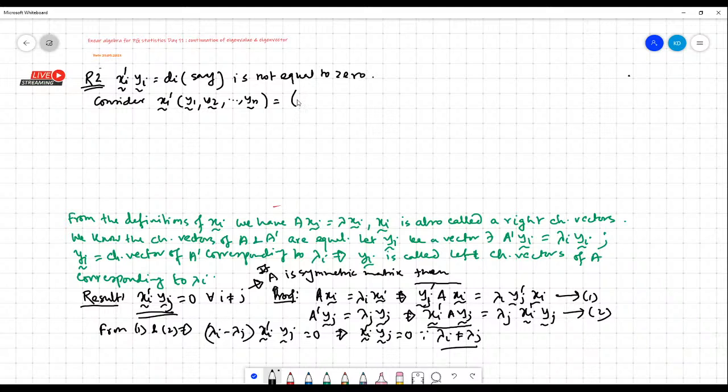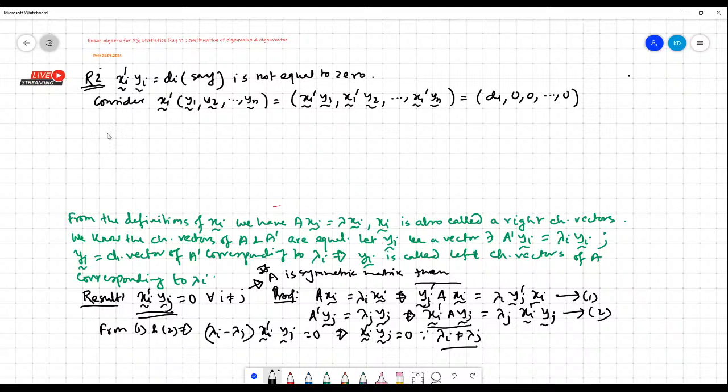So this is equal to x1 prime y1 curl, x1 prime y2 curl, ..., x1 curl prime yn curl. So this is equal to d1, 0, 0, 0.